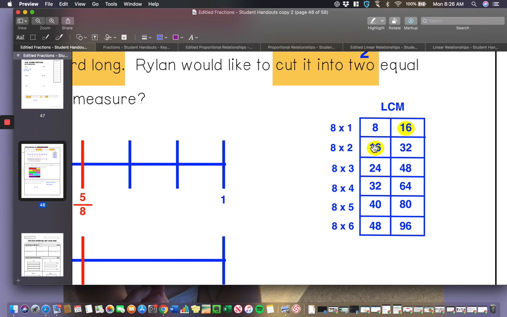Each box represents the numbers over here right after the 8 times. So this is my first box, which was 8 times 1. Second box is 8 times 2.